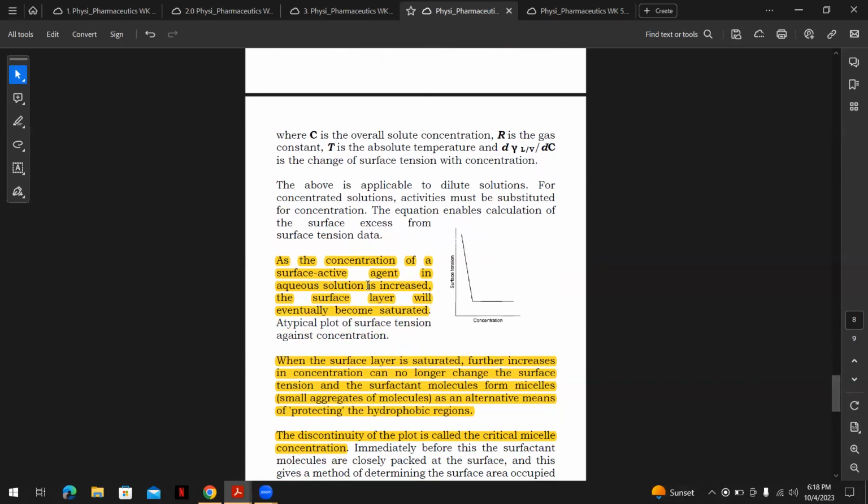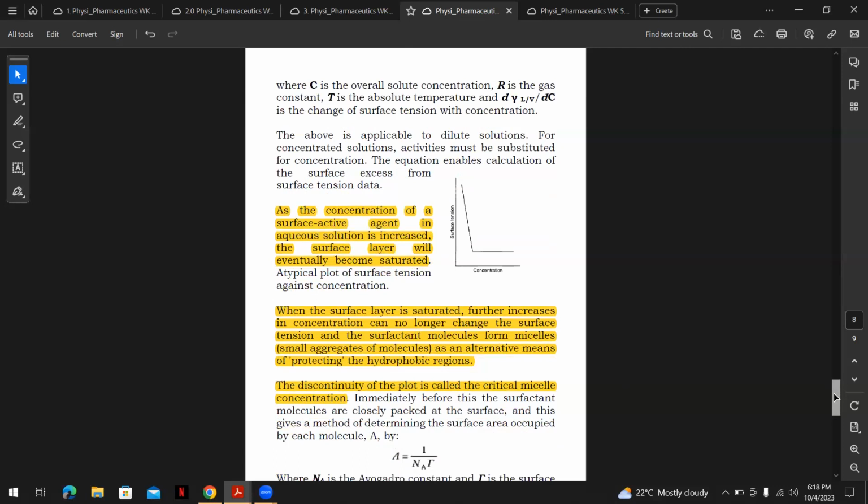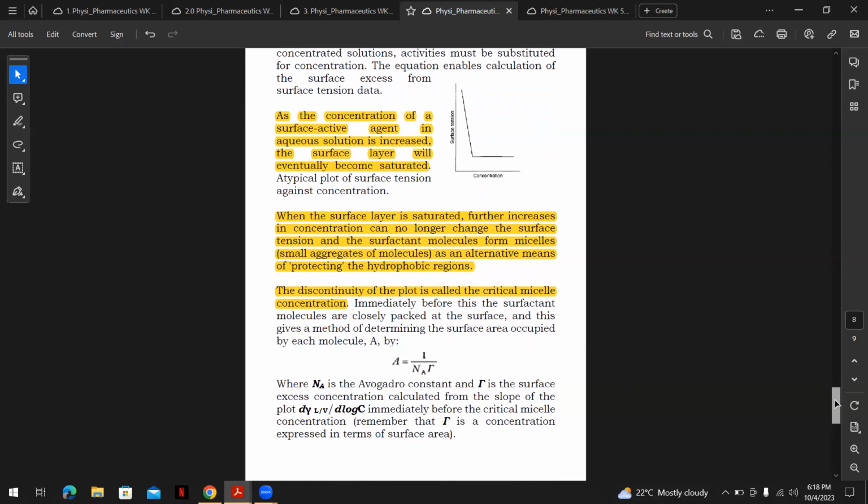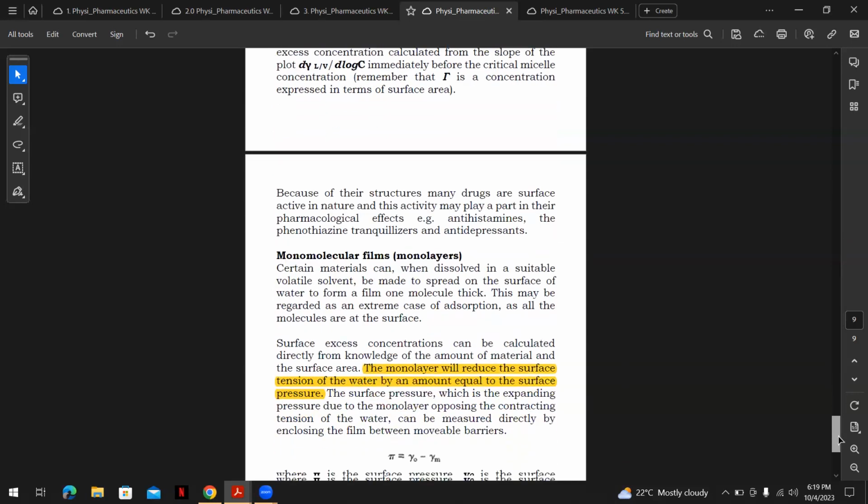This is what we're referring to as surface excess concentration. It will exceed even the equilibrium. Now, when the surface is saturated, any further increase in concentration will not change the surface tension. Now the surfactants will form micelles, which are small aggregates of molecules. So here we say the critical micelle concentration has been reached. Even if you add 1 million surfactants, the surface tension will definitely not change.